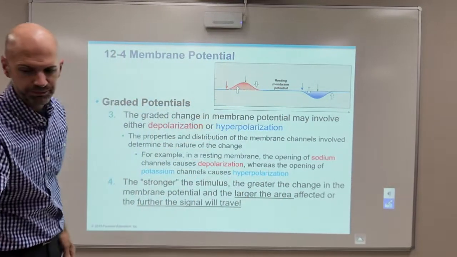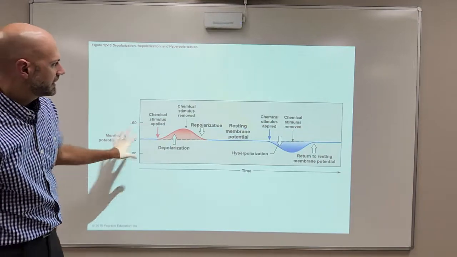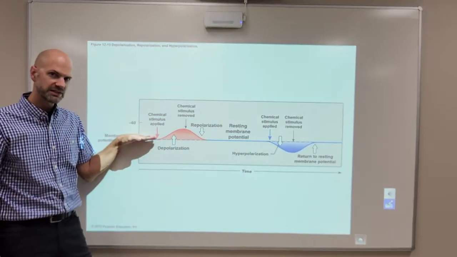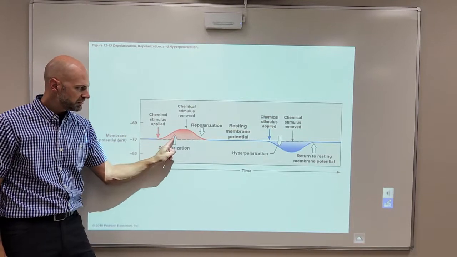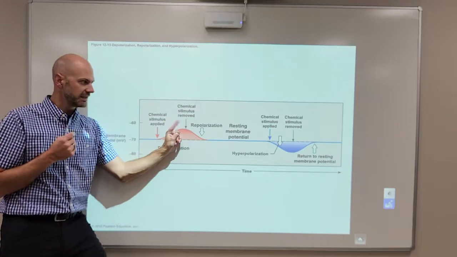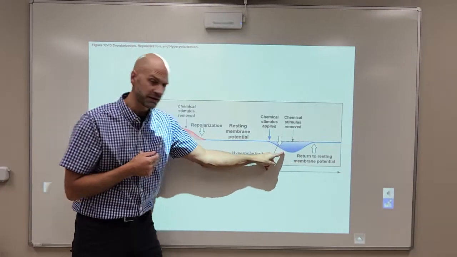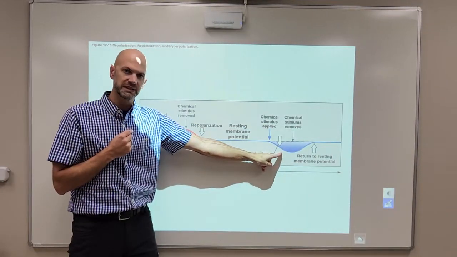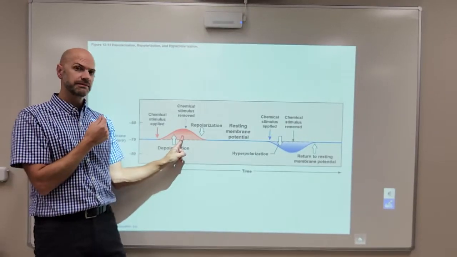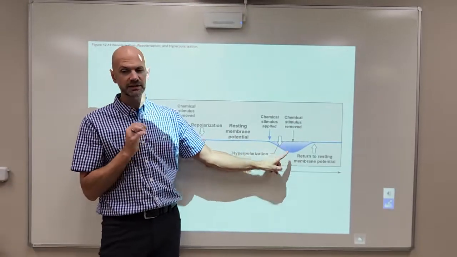That's important. So in this graph, you understand that this is the resting potential. Any movement of the line upwards we would call depolarizing. Any movement of the line downwards we would call hyperpolarizing. This is excitatory. This is inhibitory. That's important.